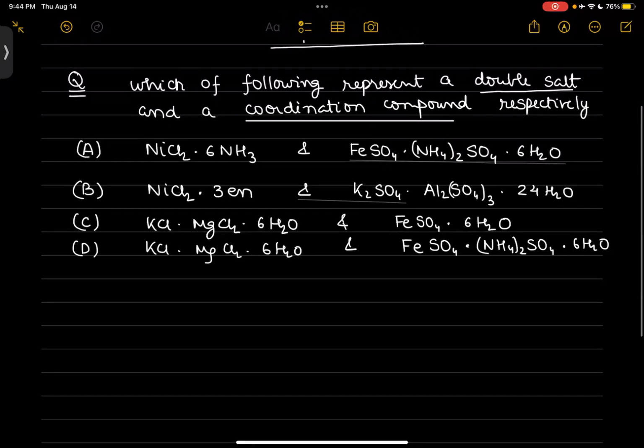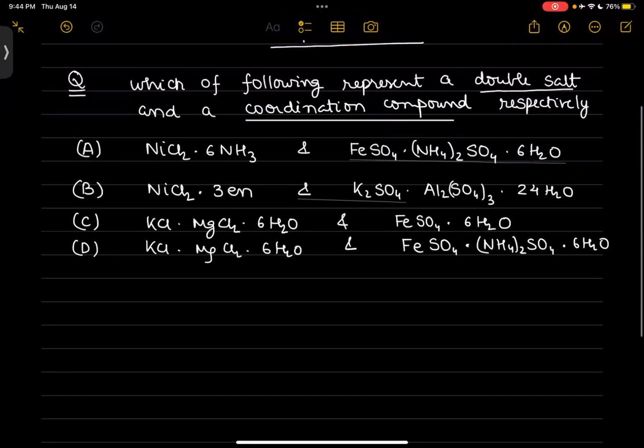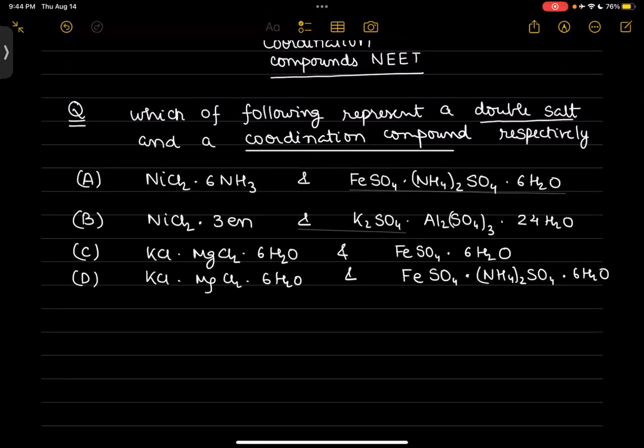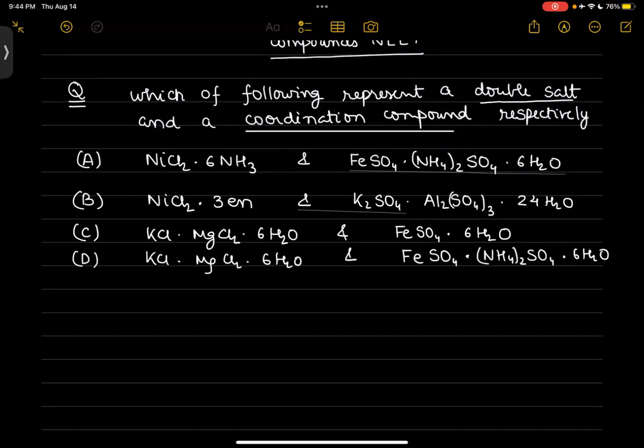There are basically three common double salts which we have studied. The first is potash alum, K2SO4.Al2(SO4)3.24H2O.